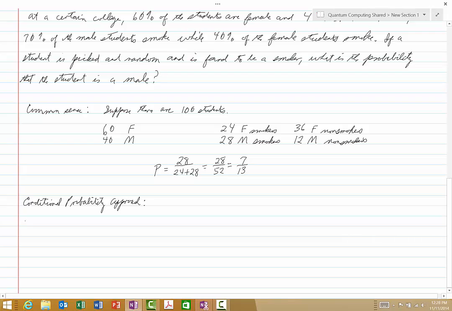Remember that our formula that we're using over and over is that the probability of A and B is equal to the probability of A given B times the probability of B, which is also the same as the probability of B given A times the probability of A.